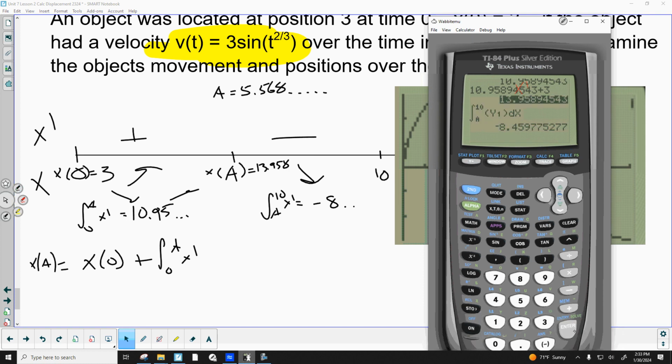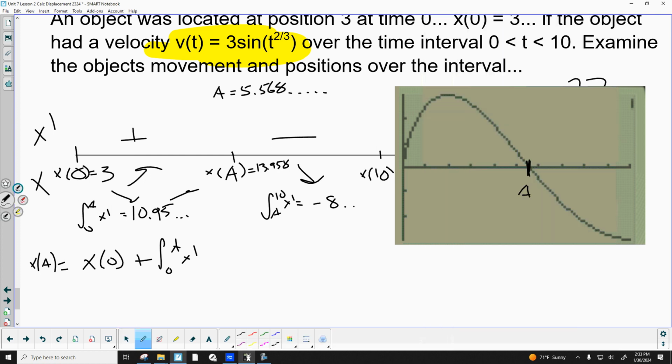Taking your position at time A, adding your amounts that we decrease, amounts that we go left, we get our position at time 10: 5.499.